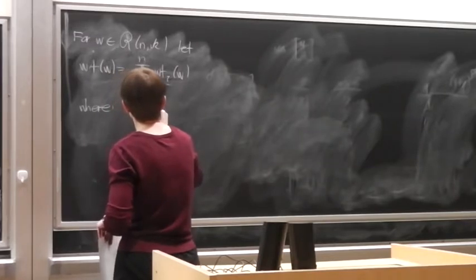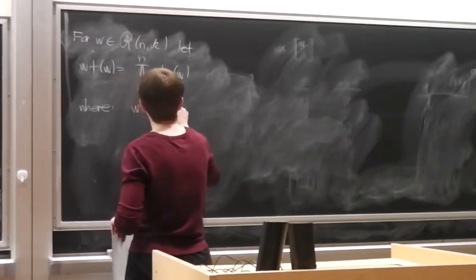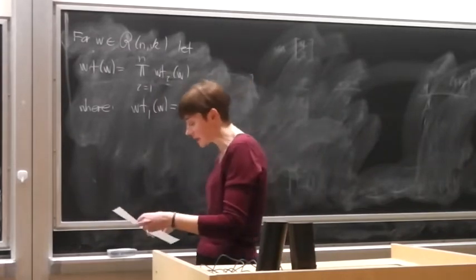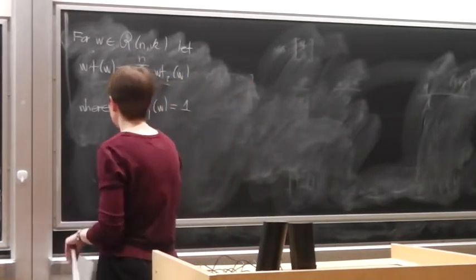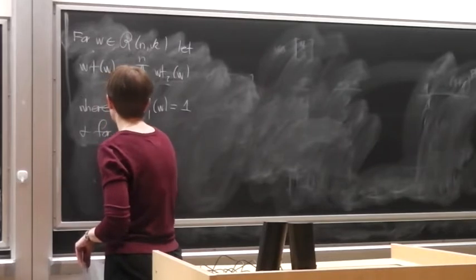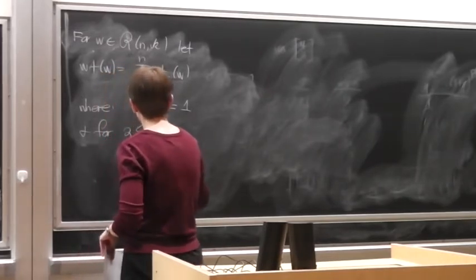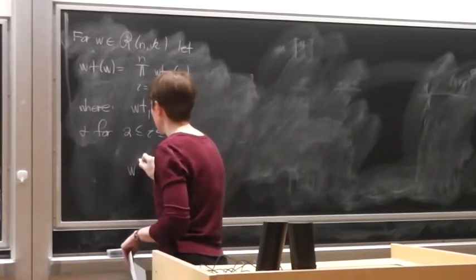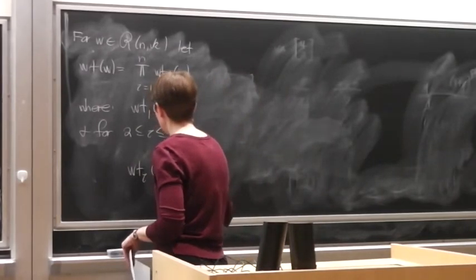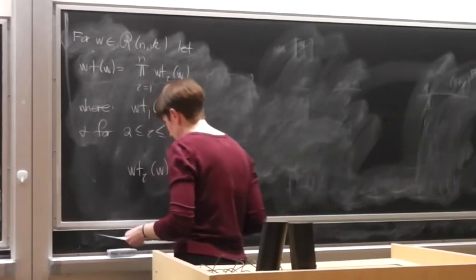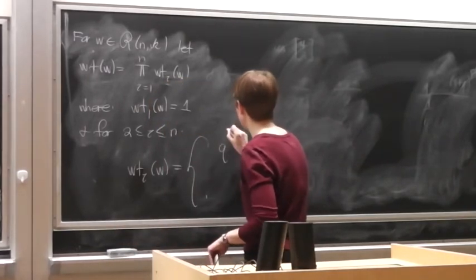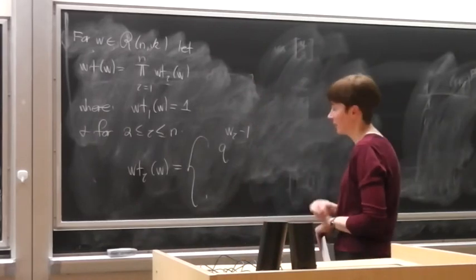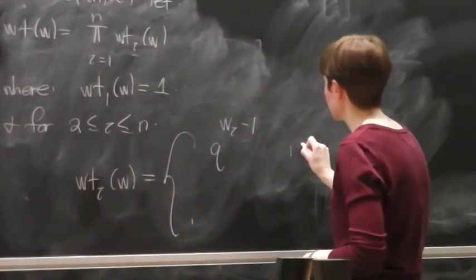The weight of the first letter, that's really what we're keeping track of, is going to be 1, and then for the other entries, 2 up to n, the ith weight of your word is going to be the following. It's going to be q to whatever your entry is, minus 1.